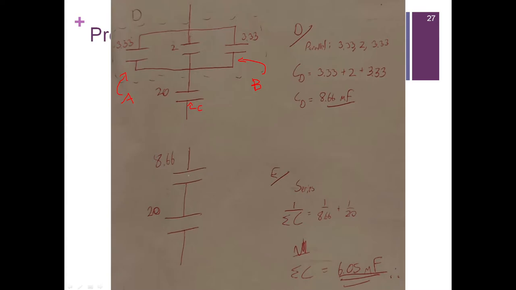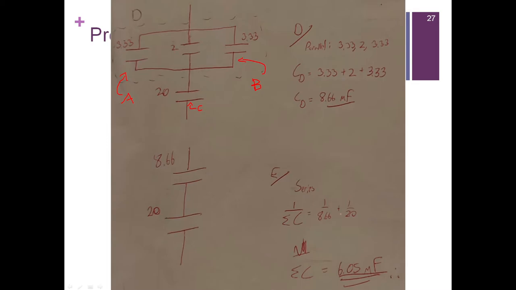So we're sort of strategically simplifying things down one rung at a time. We're trying to remove complexity by finding what a certain section's total capacitance would be and replacing that section with a single capacitor of that capacitance. After replacing D with the 8.66, well, now that whole section, that 8.66, is just in linear series with the 20 microfarads.